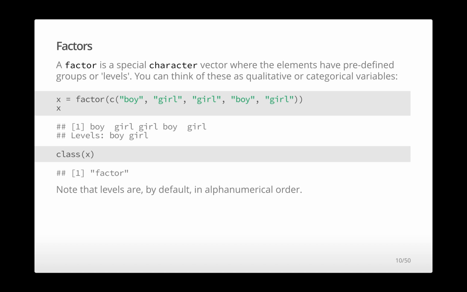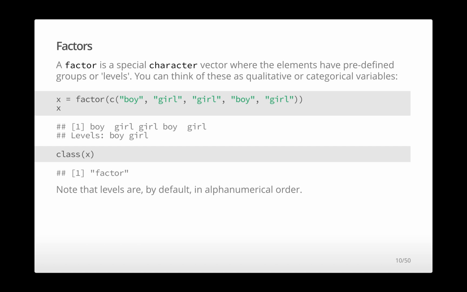Okay. That stuff, for the most part, other than the is and as functions, we've already discussed here and there. The one big type that we haven't discussed, which is one of the most important, is factors. So factor is the function to create a factor vector.